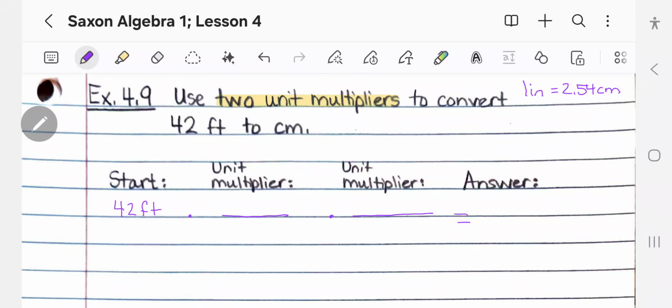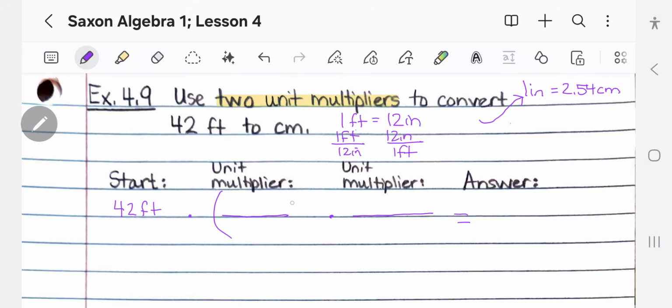We're going to have to use that in a minute, but we don't even have inches. We've got feet. So before we can use this one, we're going to have to use something about feet and inches. And we know that 1 foot equals 12 inches. So that would be 1 foot over 12 inches, or 12 inches over 1 foot.